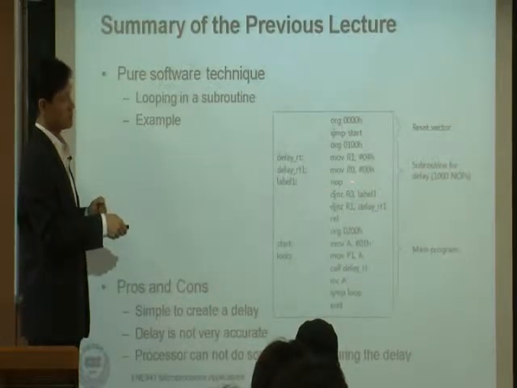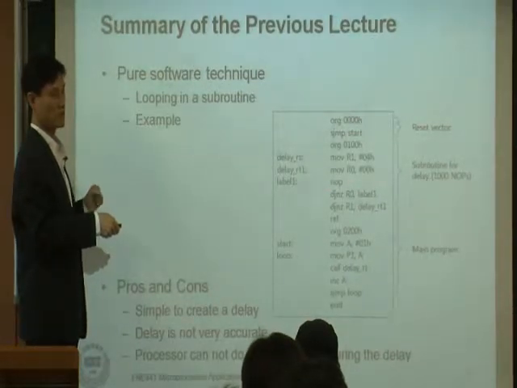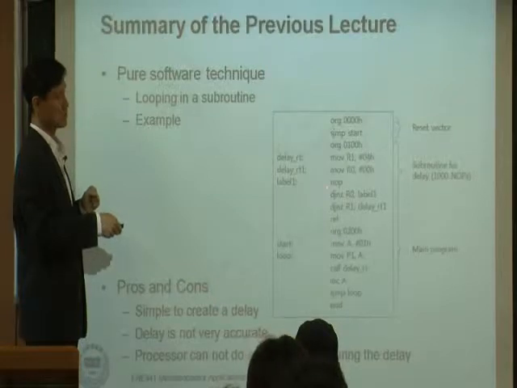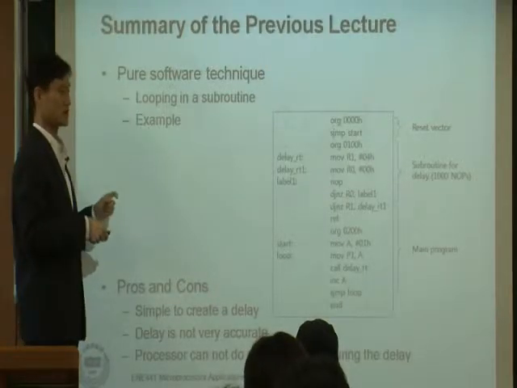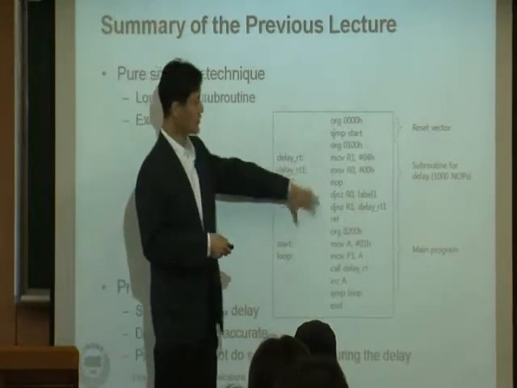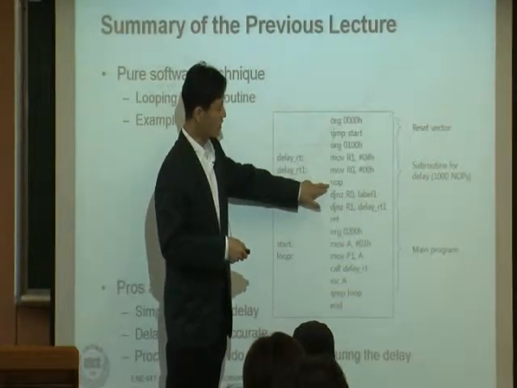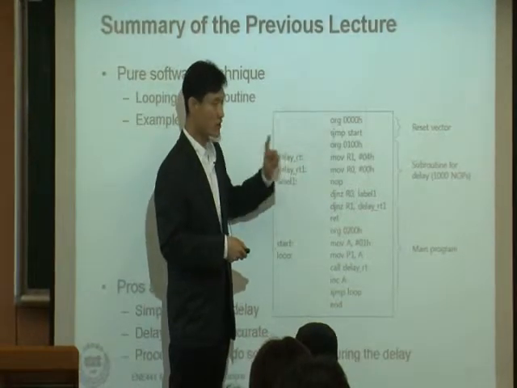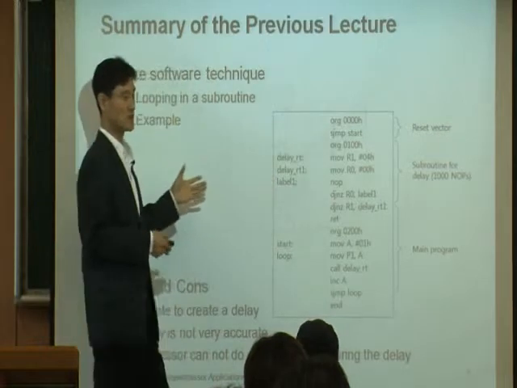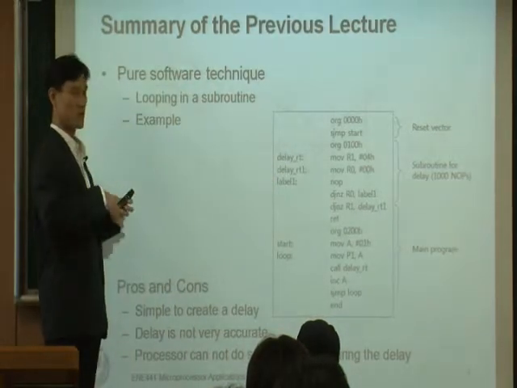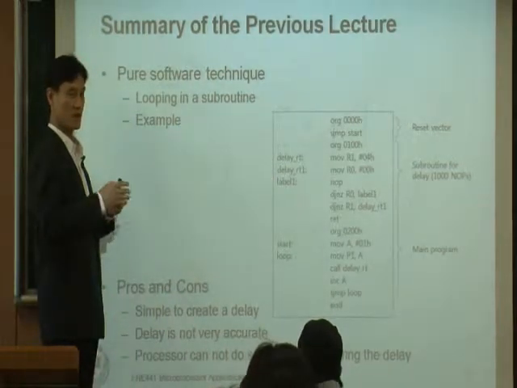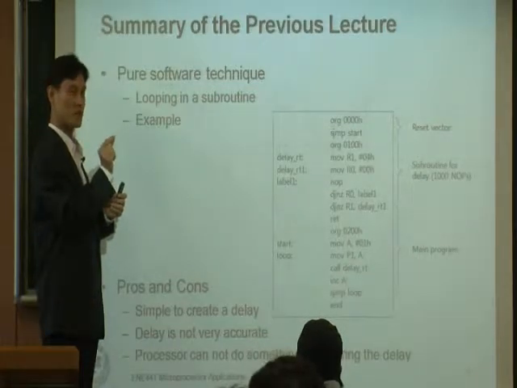Actually, how much delay do you have for each NOP? One NOP corresponds to 1 cycle of your hardware. So with 1,000 NOPs, how much time each NOP takes depends on your processor. Sometimes your processor runs very fast, then each NOP takes very short time.